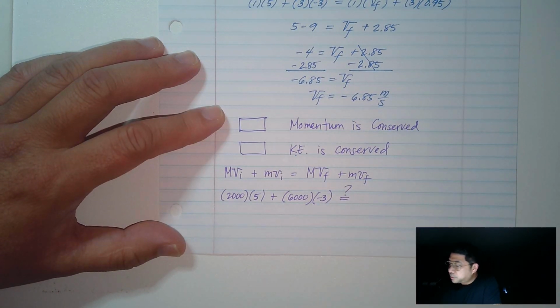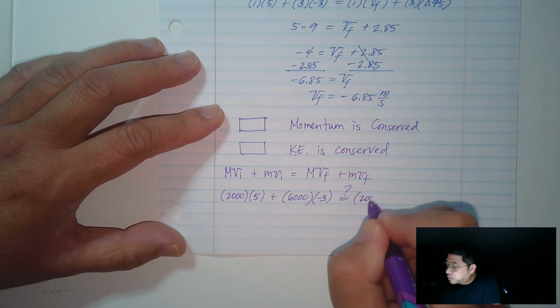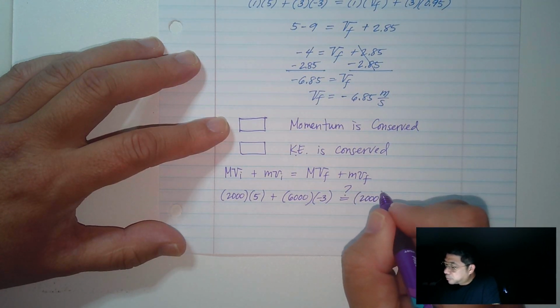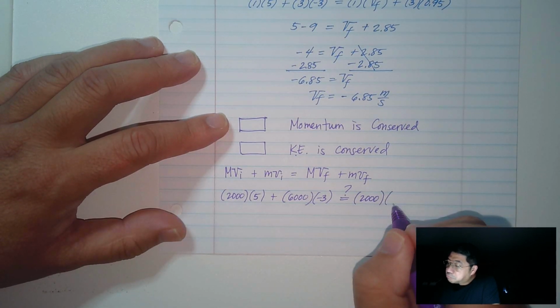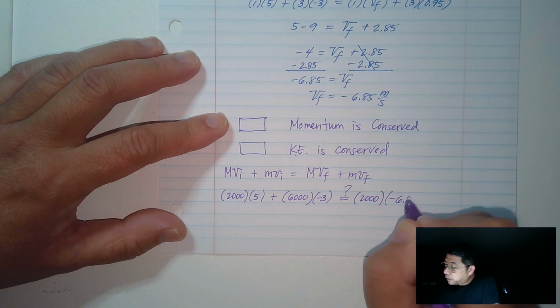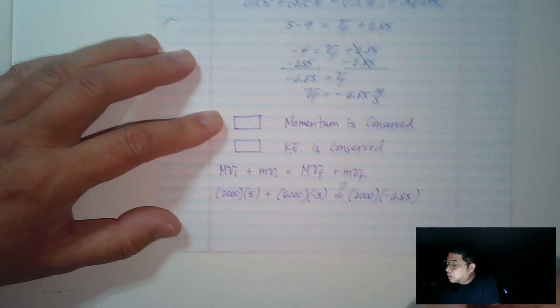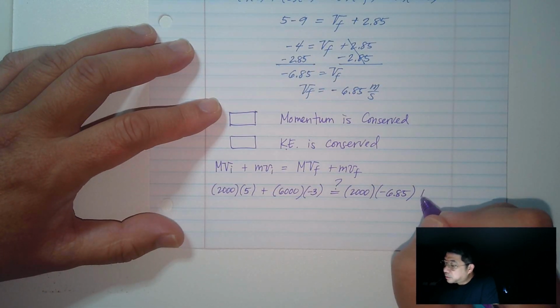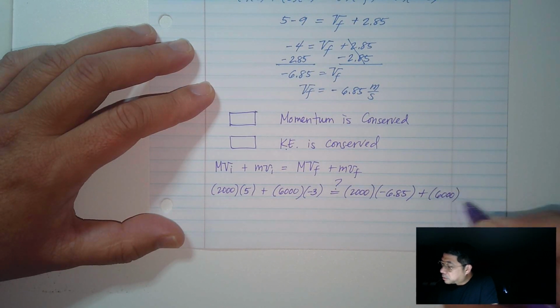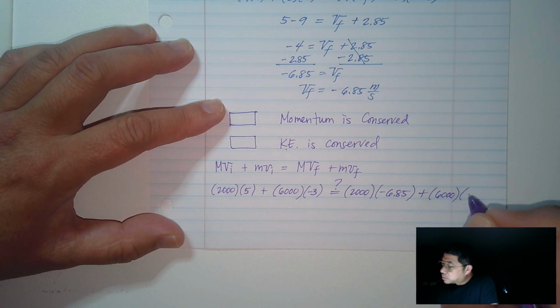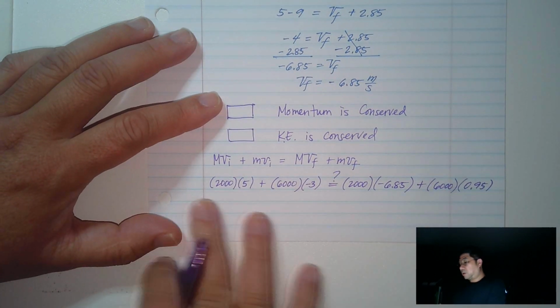Is it equal to 2000 multiplied by negative 6.85 plus 6000 times 0.95? Again, make it simple.